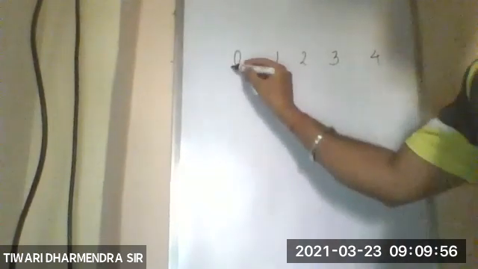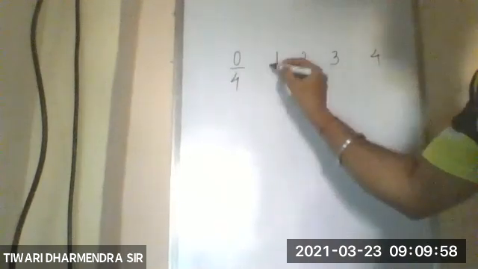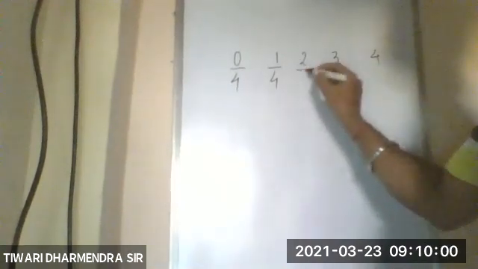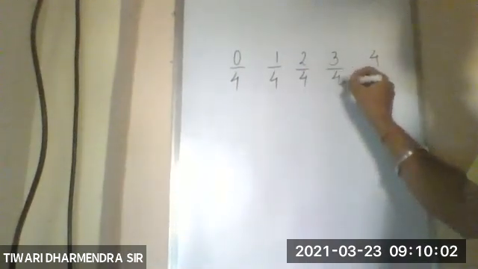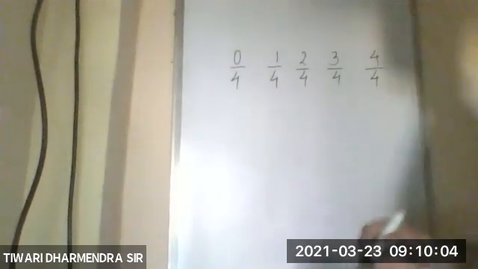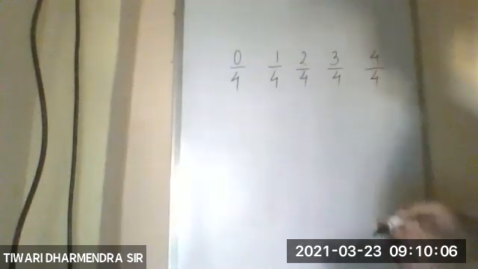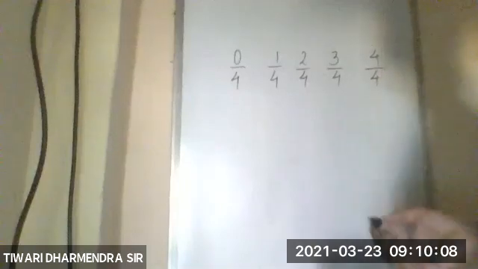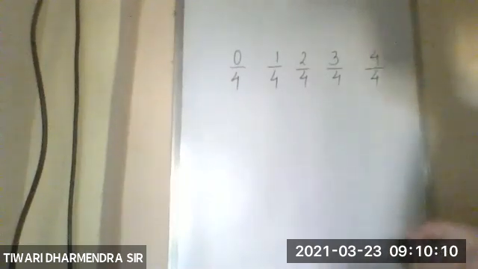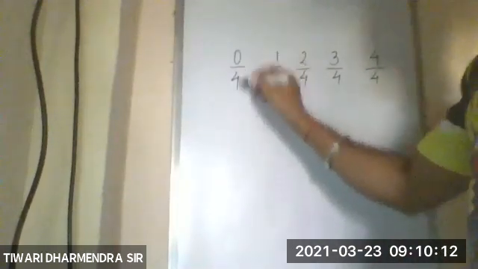What do you do? Just divide the numbers by 4. Since the maximum number was 4, that's why I'm doing that. 0 divided by 4.